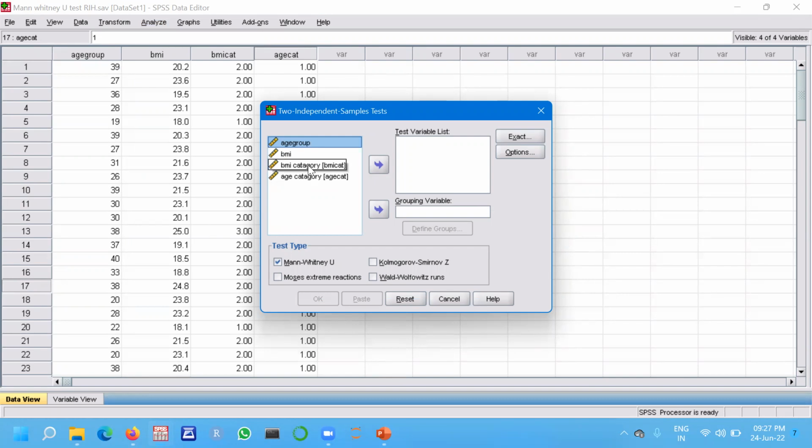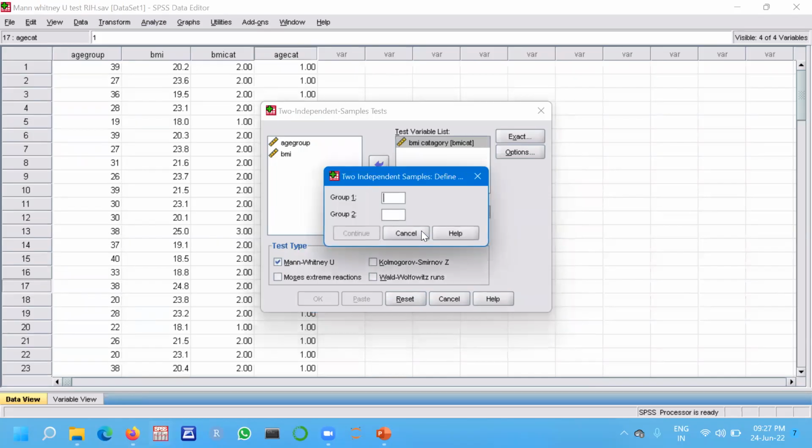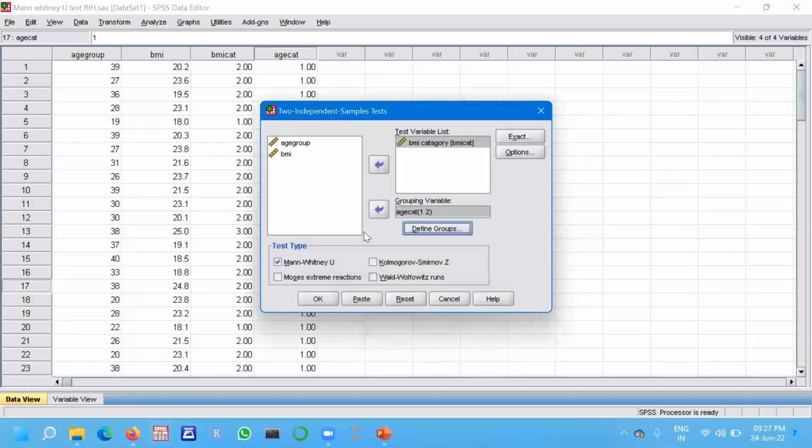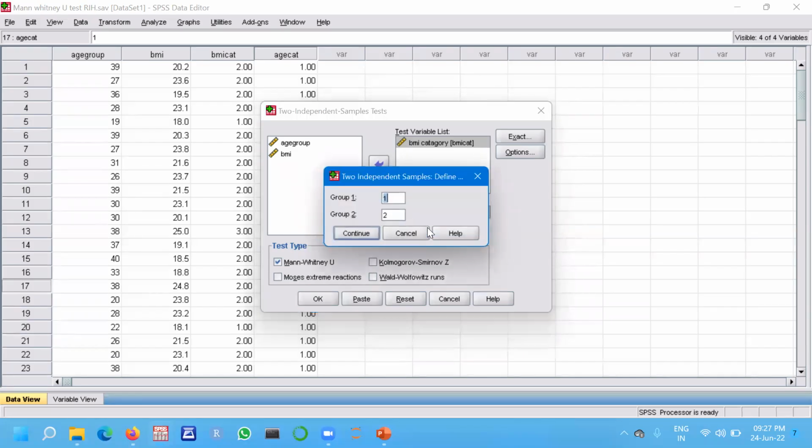The test variable is BMI category, and the grouping variable is age category. We have to define the groups, group 1 and group 2. I move the BMI category to the test variable and the age category to the grouping variable. Then I define group 1 as 1 and group 2 as 2.